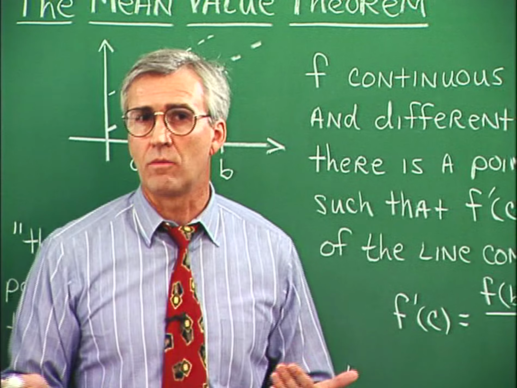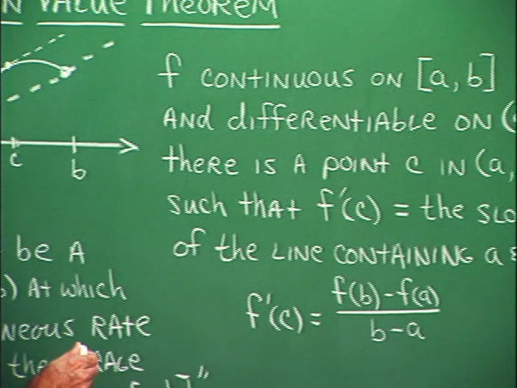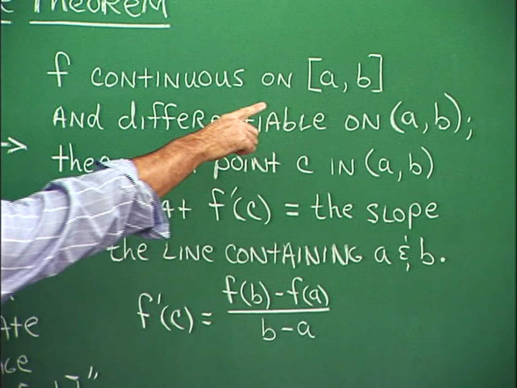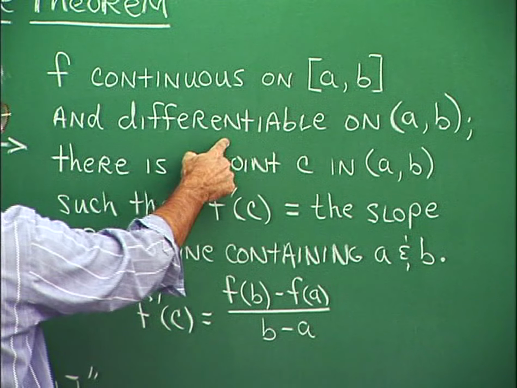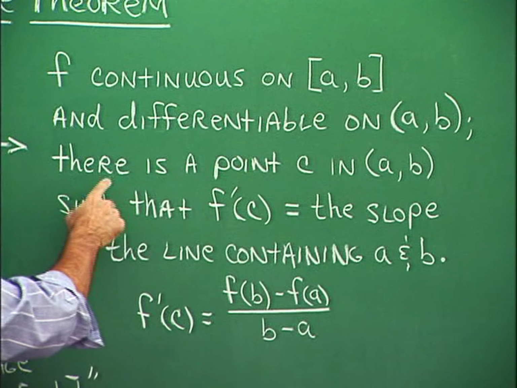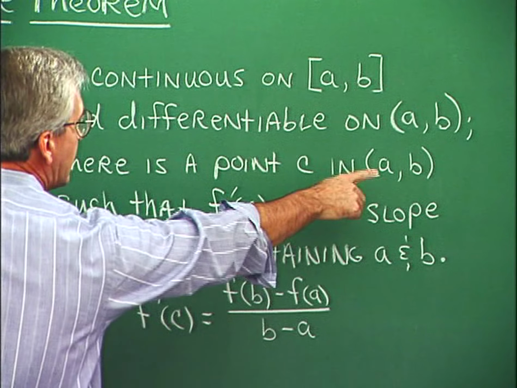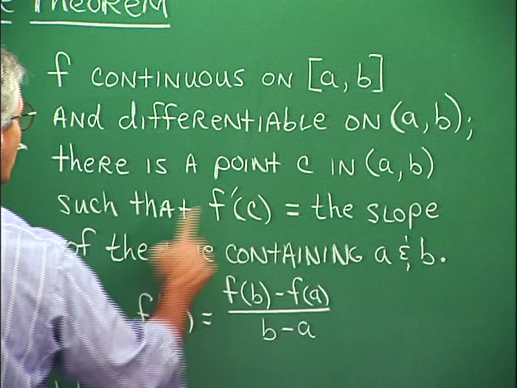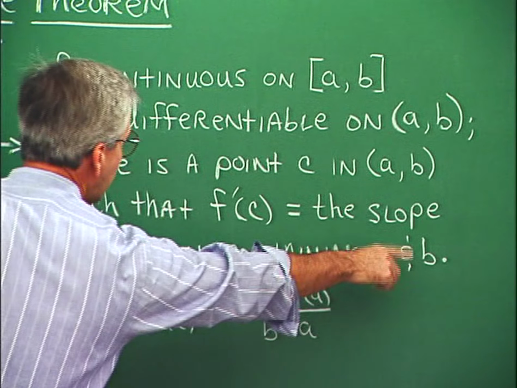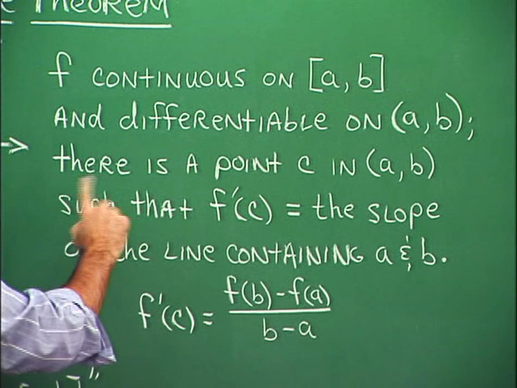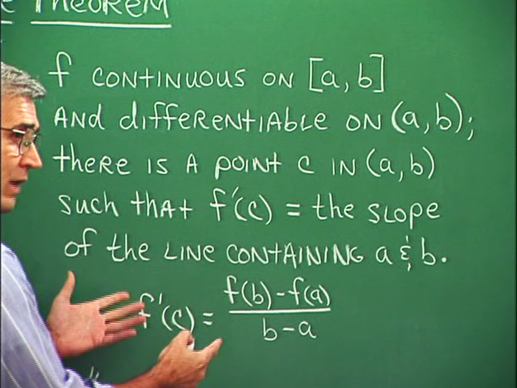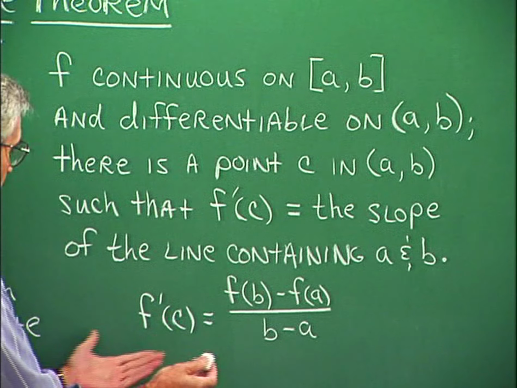Here's a more formal way of looking at the theorem and kind of defining the theorem. F is continuous on the closed interval A to B and differentiable on the open interval AB. There's a point C in the open interval AB such that f prime of C is equal to the slope of the line containing A and B. Now algebraically, we can write that down rather easily because we know how to write the slope of a line containing 2 points.